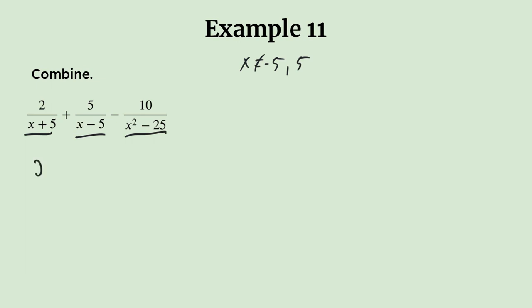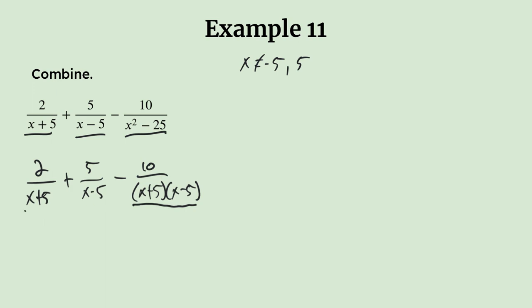So we'll have 2 over x plus 5 minus 10 over x plus 5 x minus 5. So I see here, to be able to combine these together, we need the same denominator, and our common denominator is going to be this, because this has a plus 5, this has a minus 5, this has both a plus and a minus.